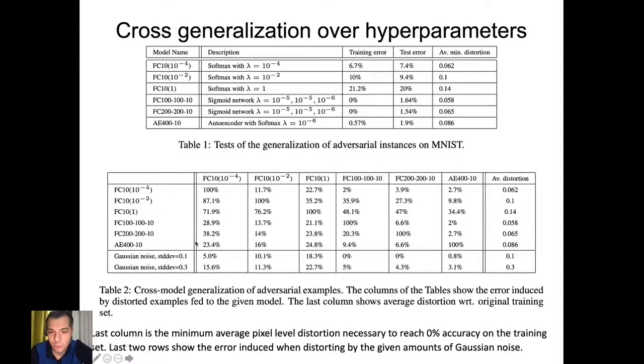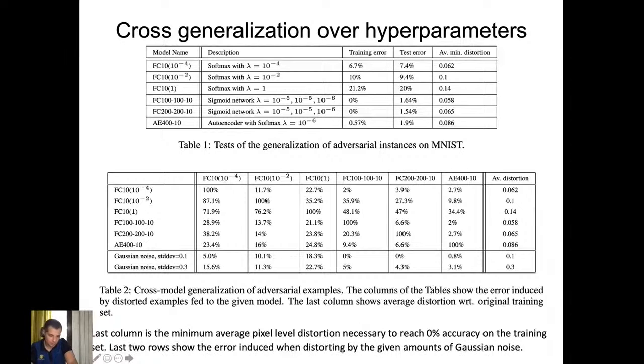And here they also show in this table that these errors also generalize to some amount to other models. So for example, if you take the adversarial examples, maybe the adversarial examples are for the rows, and here you see the errors on the other models.